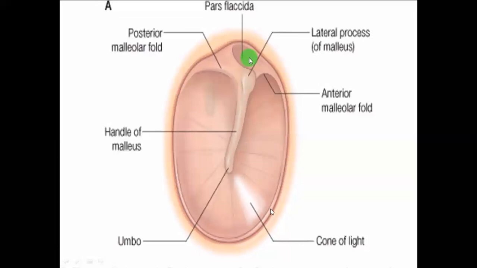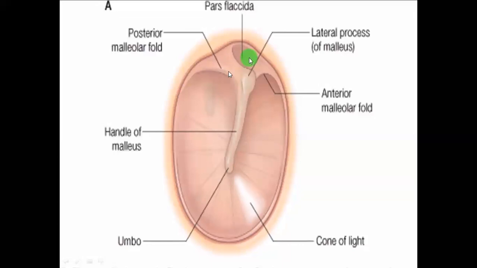This illuminated area is called the cone of light. It is produced when you put illumination at the area of the umbo, which produces light anteroinferiorly and forms the cone of light.